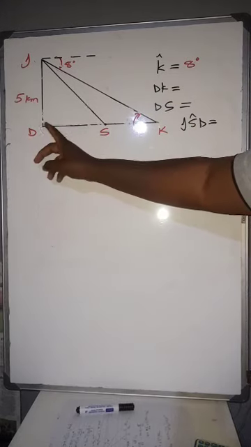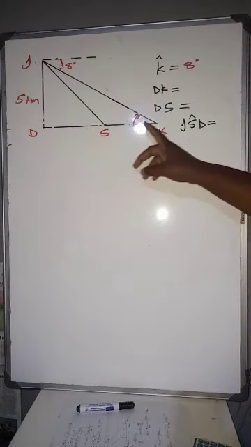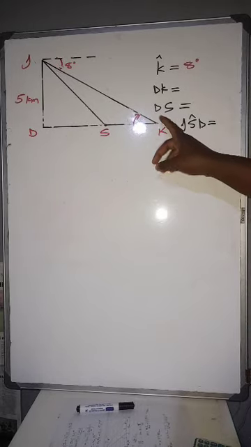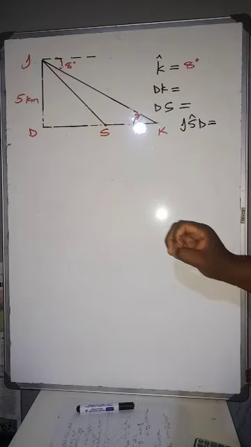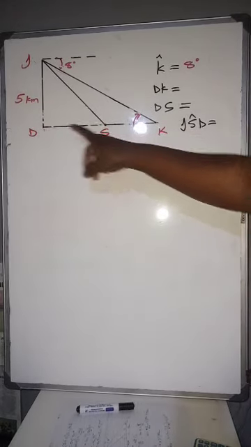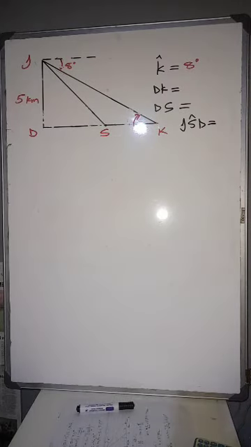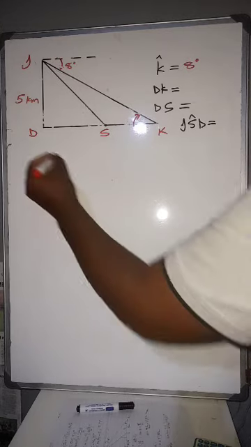And then from there, we want to determine the size of side DK. That is the horizontal distance from point D to point K. If we have an aeroplane that is at that point, how many kilometers do we have from D to K? We have triangle DKJ here.